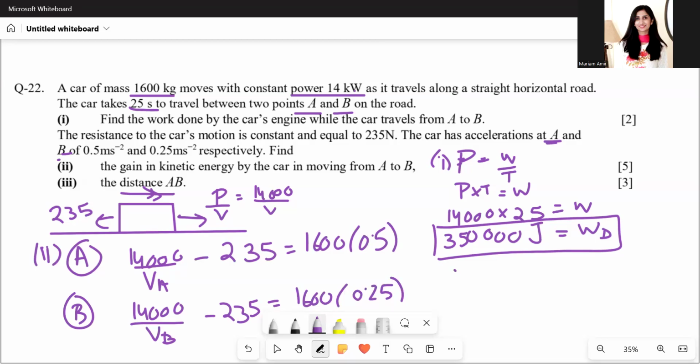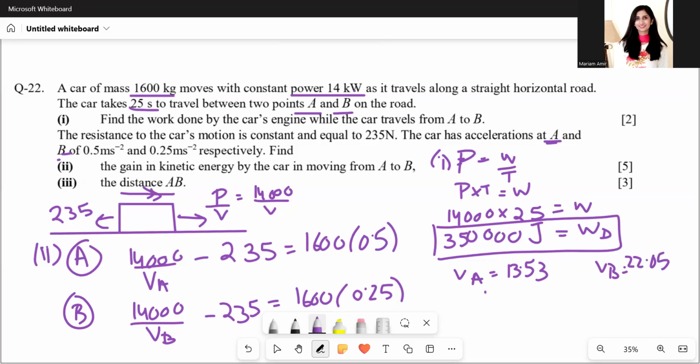Solve both of these and get the values of VA and VB. They come out to be 13.53 and 22.05.